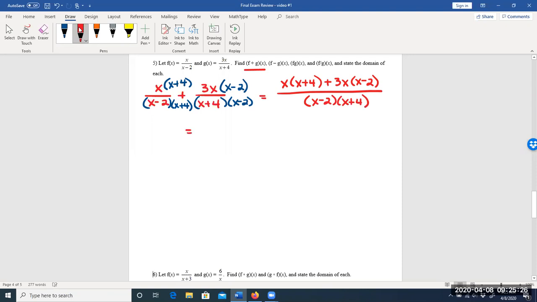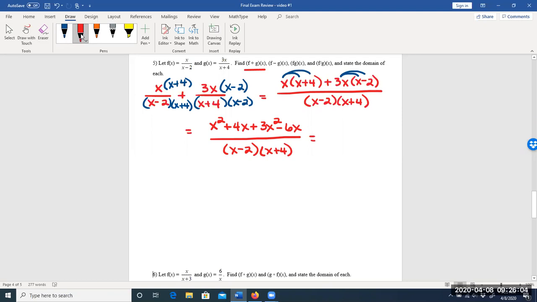Now let me go ahead and distribute. So in the numerator, I'm going to distribute the x, distribute the 3x, so we have x squared plus 4x plus 3x squared minus 6x all over x minus 2 times the quantity x plus 4.